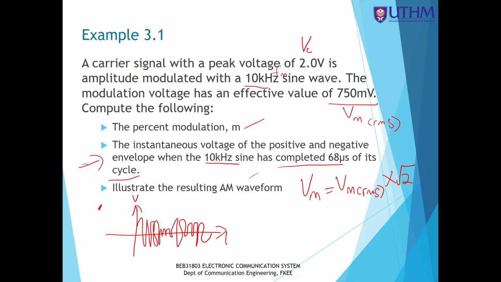At 68 microseconds, we are going to have a positive and a negative value. We are going to have two values, the upper side envelope and also the lower side, because when we cut the time domain, there will be two values. So we need to use the envelope equations.